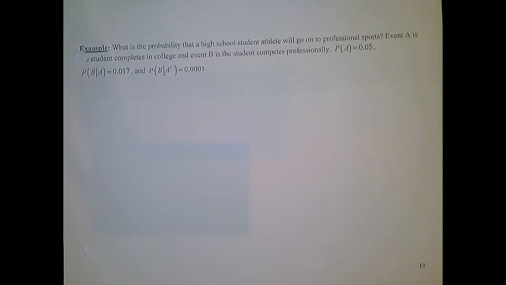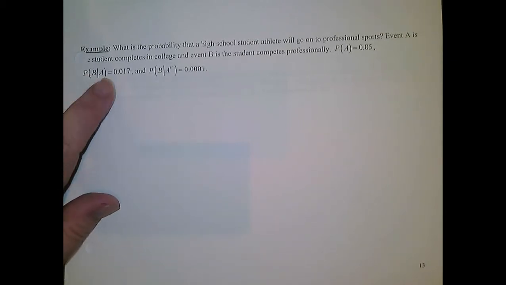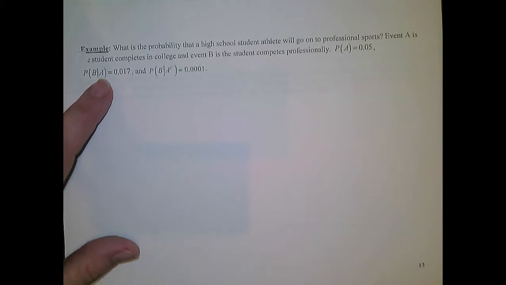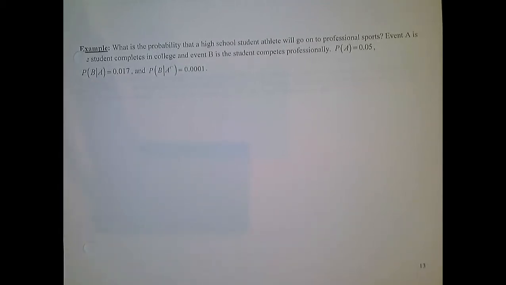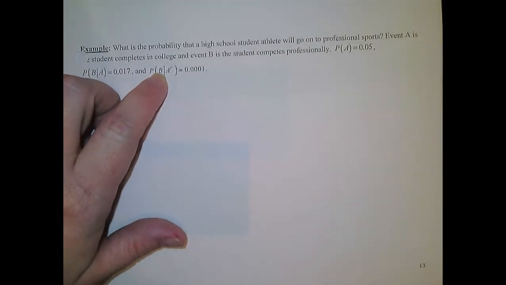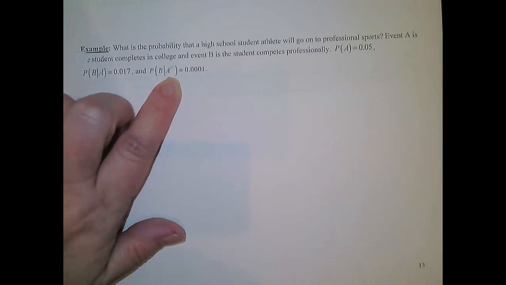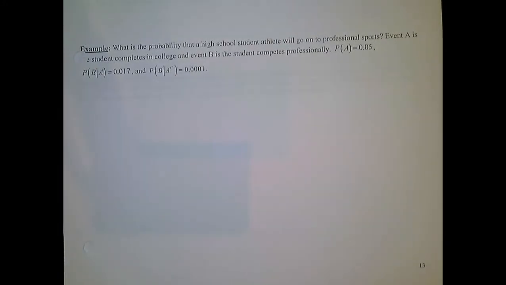The probability of event B given A, so the probability that the student goes on to compete professionally given that they played in college, is 0.017. And the probability of B given A complement, or given not A, the probability that they compete professionally given that they didn't compete in college, is only 0.0001.